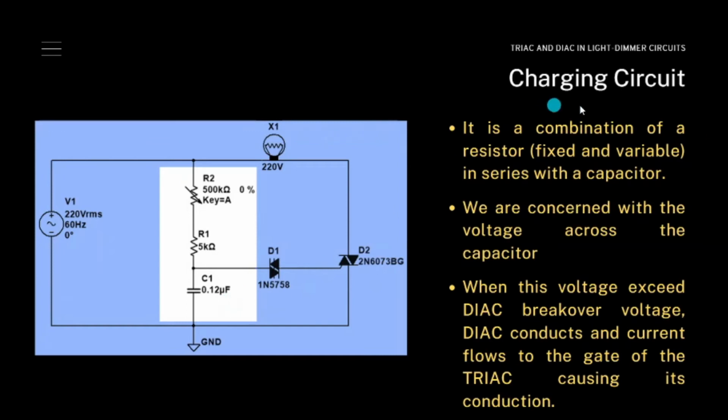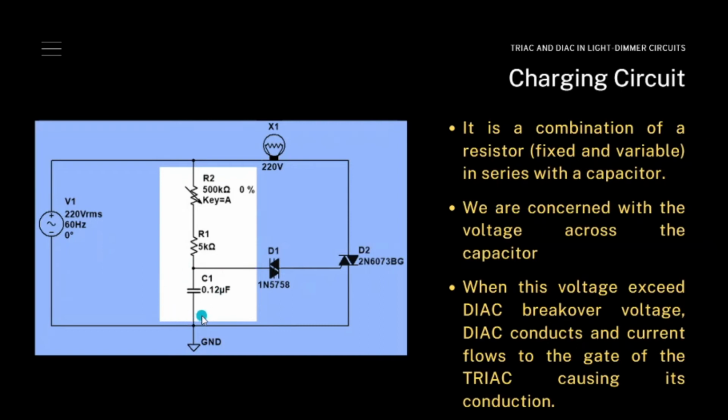Now, as stated here, a charging circuit is a combination of a resistor, so meron tayong dalawa, fixed and variable, in series with a capacitor. Here we are concerned with the voltage na ma-develop in the capacitor.